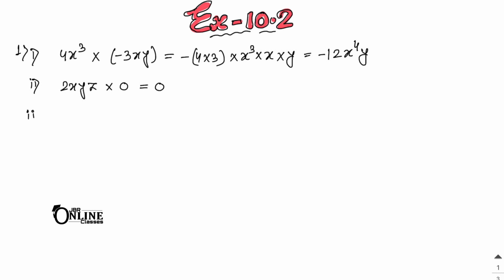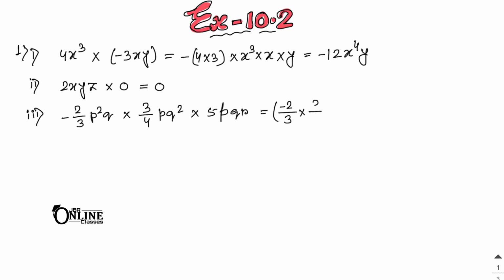Now number 3, here minus 2 by 3 p square q, multiplied with 3 by 4 p q square, again multiplied with 5 p q r. So first you have to multiply the numerical terms: minus 2 by 3, then 3 by 4 and then 5.